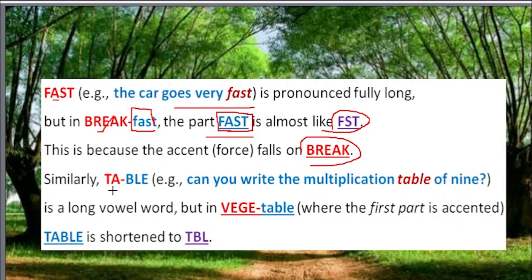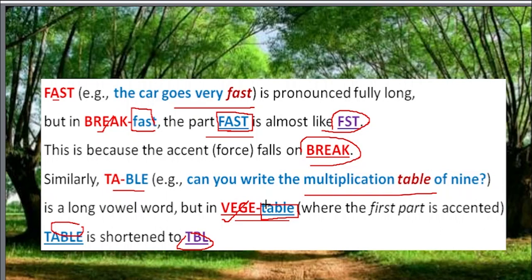Similarly, you say table. Can you write the multiplication table of 9? But when we say vegetable, it's not table, it is vegetable. Why? Because this is the accented part and this is the unaccented set of syllables.